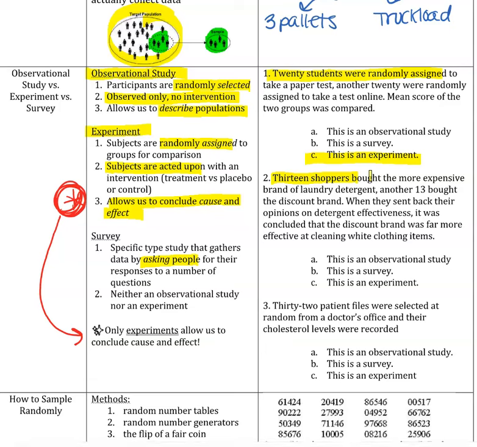When they sent back their opinions on detergent effectiveness, it was concluded that the discount brand was far more effective at cleaning white clothing items. Now, although you're seeing apparently two groups of people making different purchases, there's no sort of treatment imposed here, and people are responding with their opinions. So this is looking more like a survey. Okay.